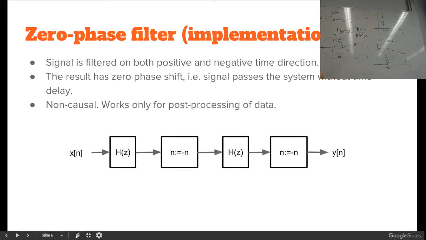You will get a zero phase shift filter. So yeah, you get zero phase shift, but only for post-processing. This is a non-causal filter.